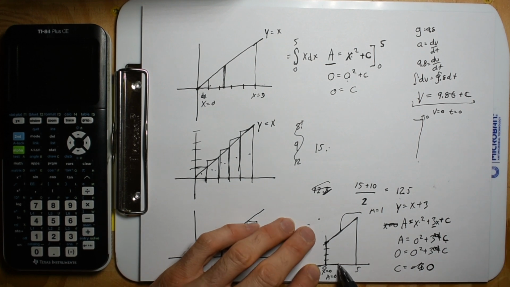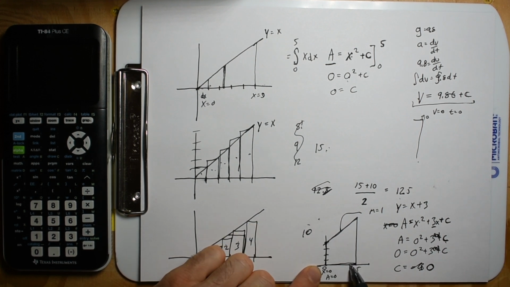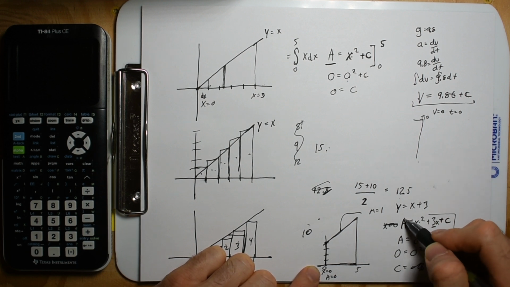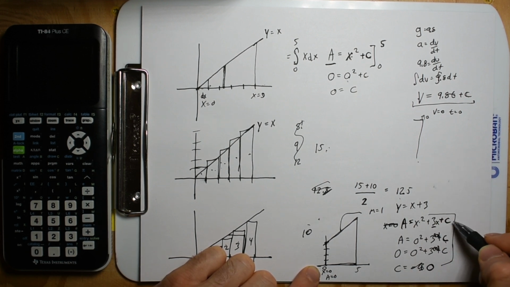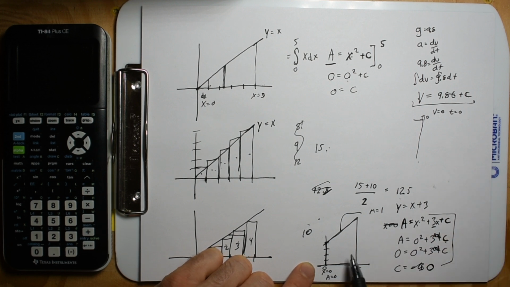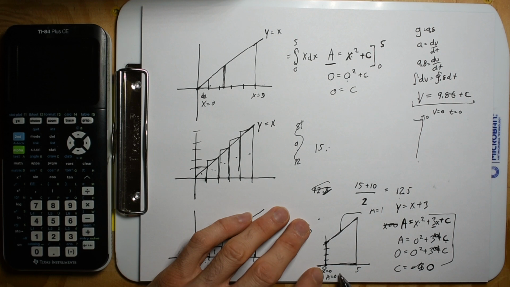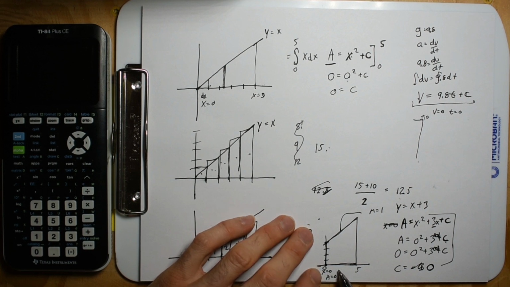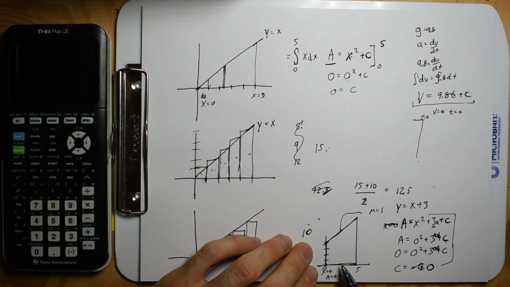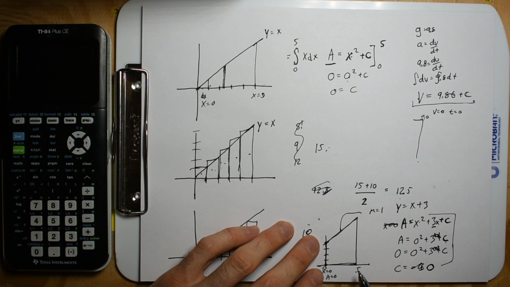So in this case, I don't know how you would actually get a constant of integration if you're just trying to find area. How would you start with some area?